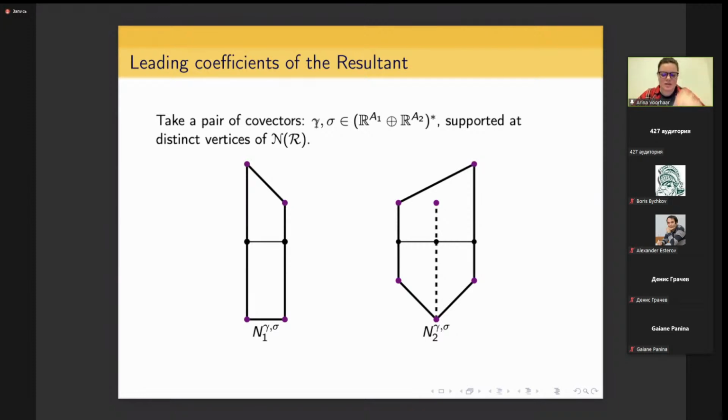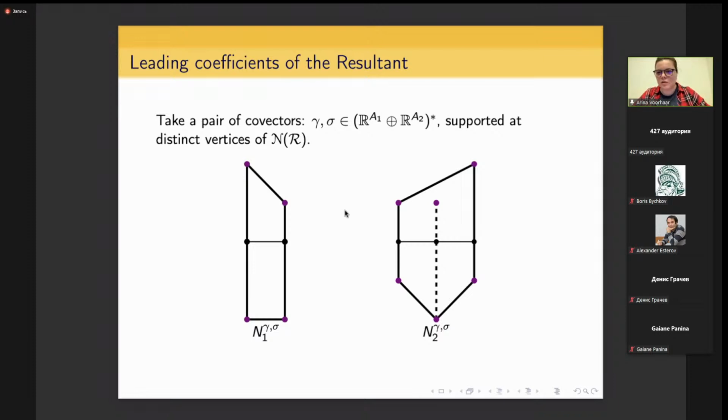And then we can associate a corresponding tuple of polygons. So how do we do that? Again, at the zero level, we have our support sets A_i. What we have on top is the tent that we already know how to build from the covector gamma. That's this union of trapezoids: we take the heights, the coordinates of gamma, take the convex hull, and we get this union of trapezoids.